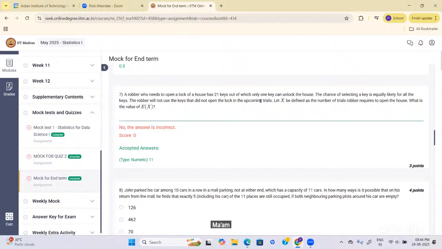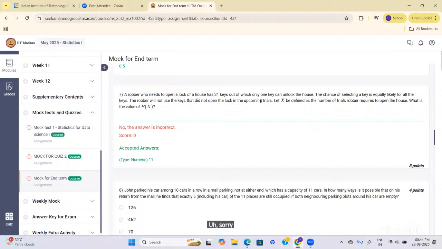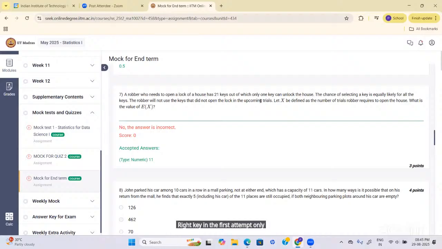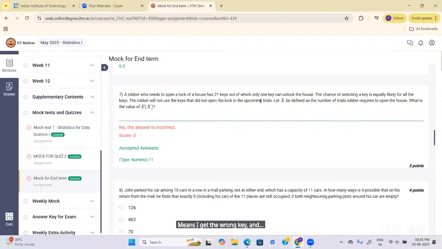Ma'am, I was thinking it's like in the first trial I get the right key, and in the second, firstly I didn't get the right key, and in the second round I get the right key. Is it like that? I was thinking that X represents the number of keys I have tried. X equal to 1 means I get the right key in the first attempt only, and X equal to 2 means firstly I get the wrong key, and in the second attempt I get the right key.